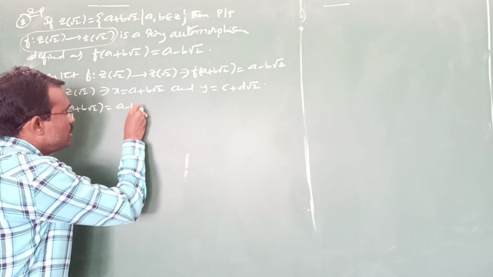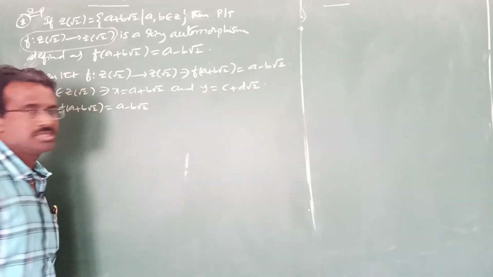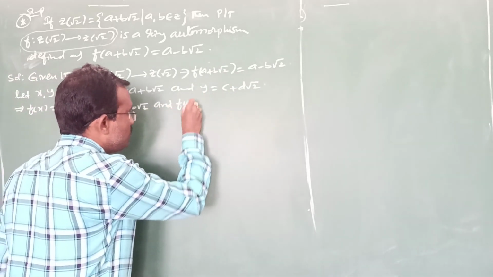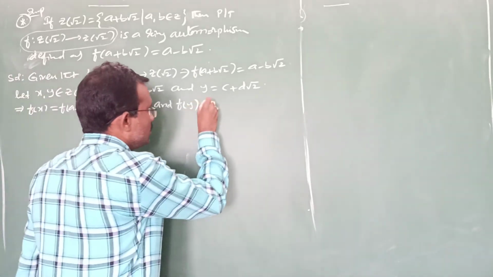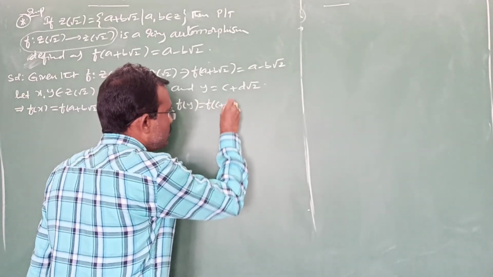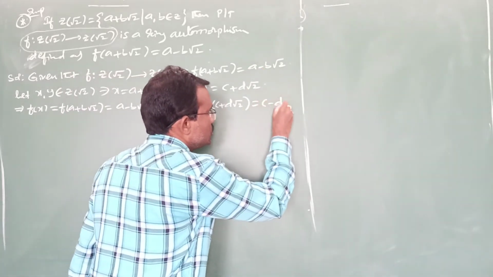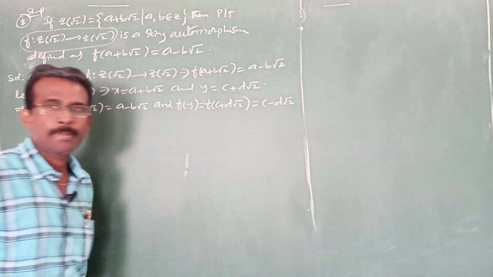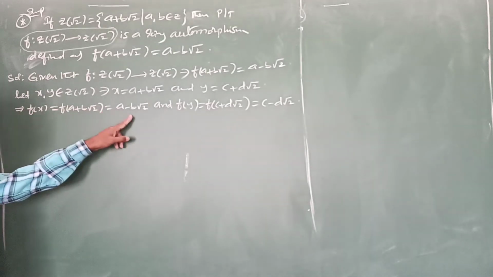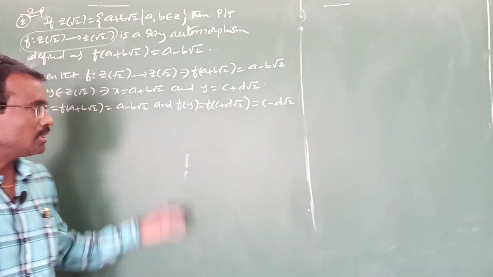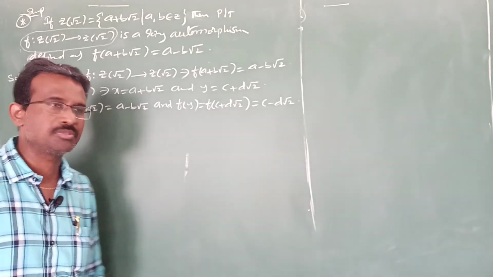A minus b into root 2 according to this definition. In the similar way, let us define f of y ma. It is f of c plus d into root 2 according to above definition. It is what ma? C minus d into root 2, right? This is f of x is a minus b root 2, f of y is c minus d root 2 ma, right? Now under addition homomorphism condition once proceed ma.